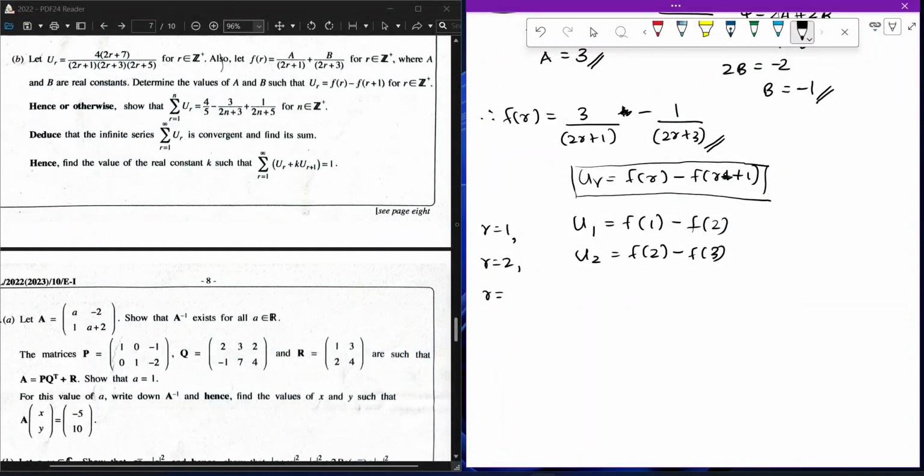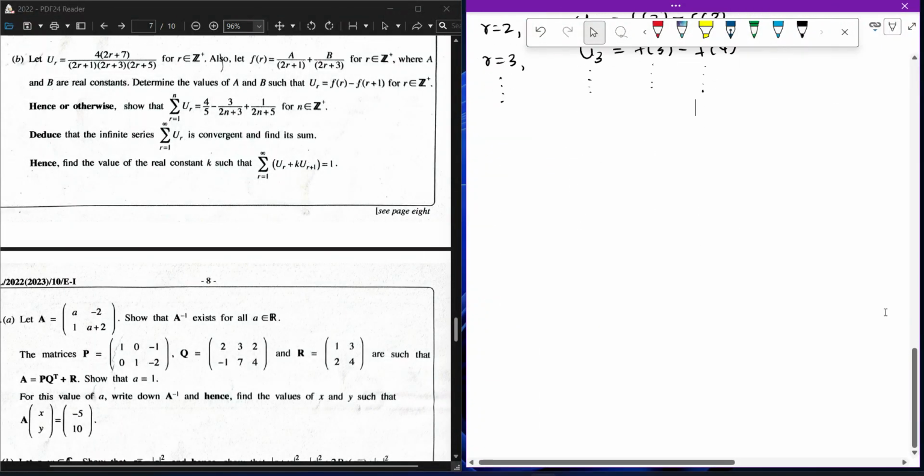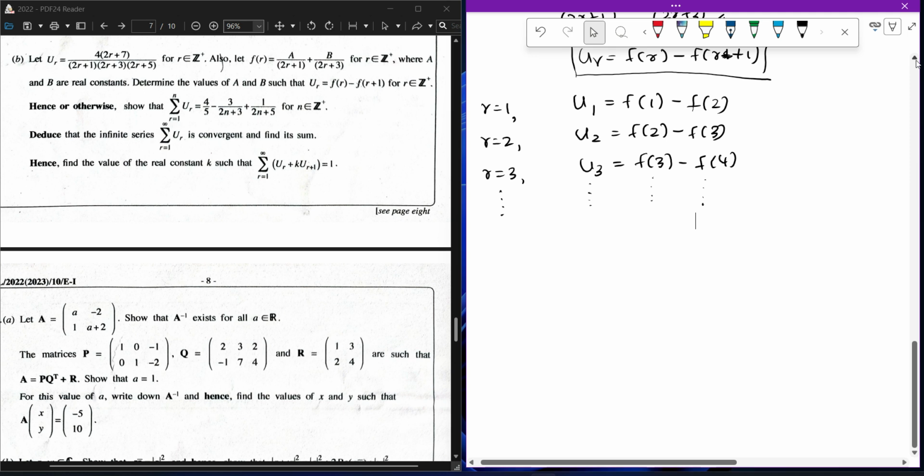Then when r equals 3, you get the u3 expression as f3 minus f4. And then keep some dots, since it will be continuing up to n; writing that many steps is not important or needed even.